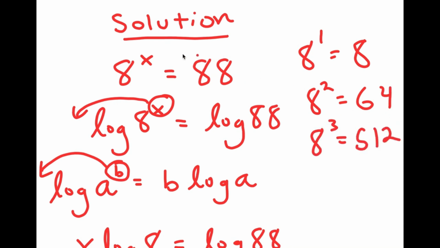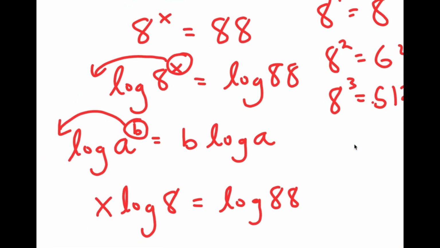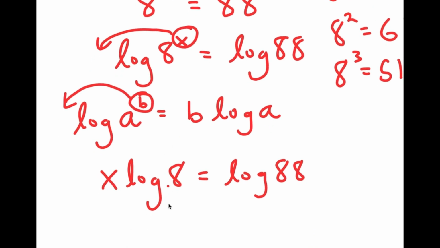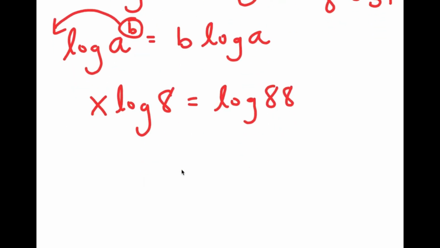And we want to find what value of x results in 88, which is somewhere in between 2 and 3, but we don't know exactly where because it's going to be a decimal. So we can't really find the exact value of x when x is in exponent form. So this is why we can make it into a regular term using this property, and now it's much simpler to solve for it.